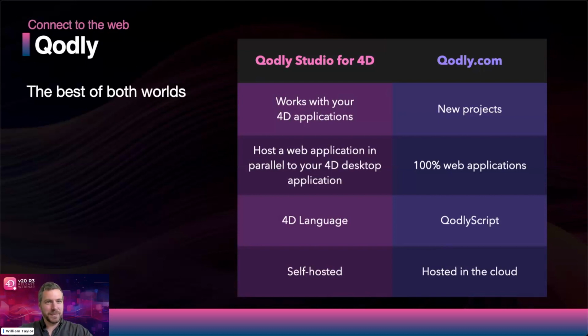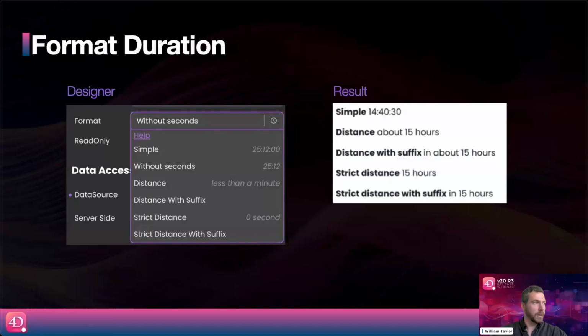I just picked one feature that I think is really cool with Qodly. There are many, but this one is emblematic of the power of Qodly, and that's the ease of getting your application to have the right output. Take a look at the designer tab within Qodly.